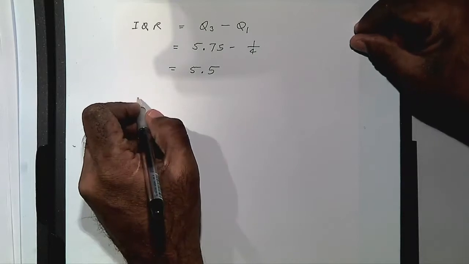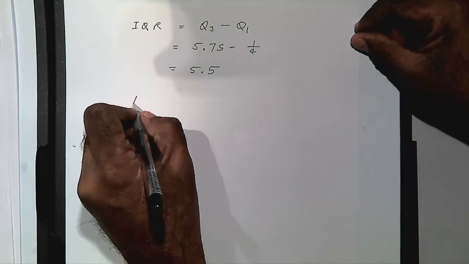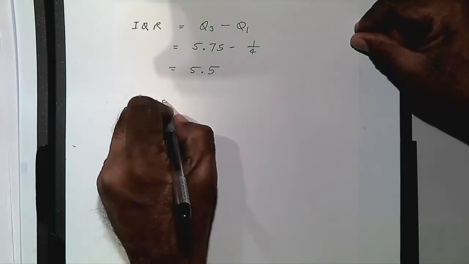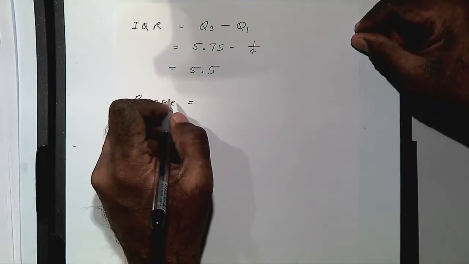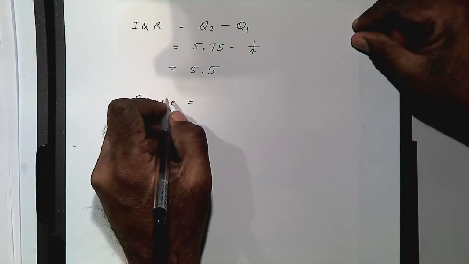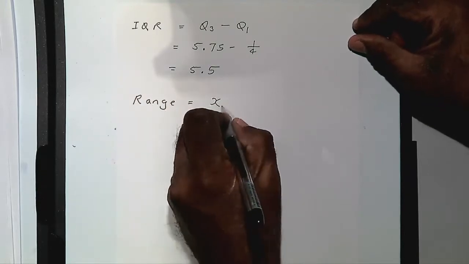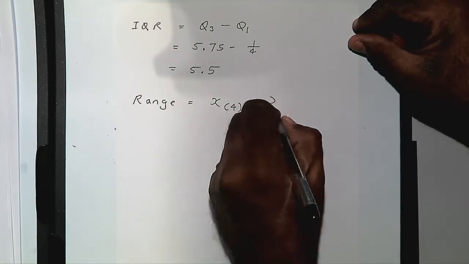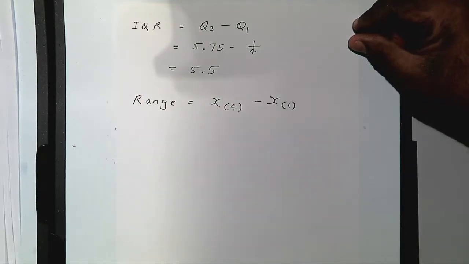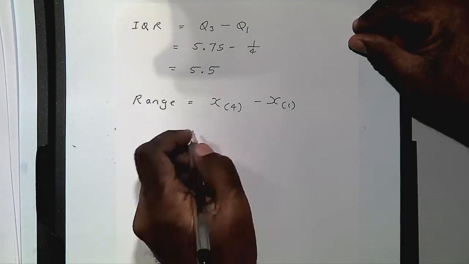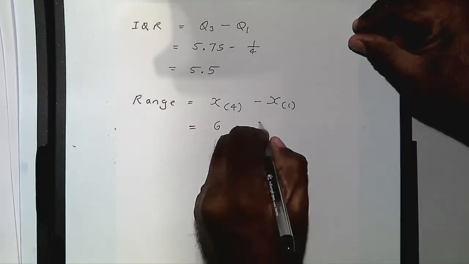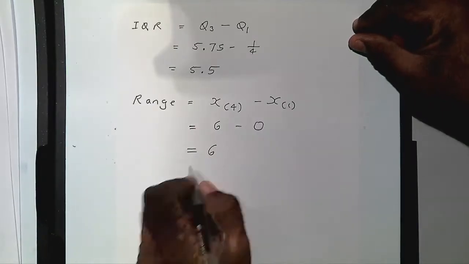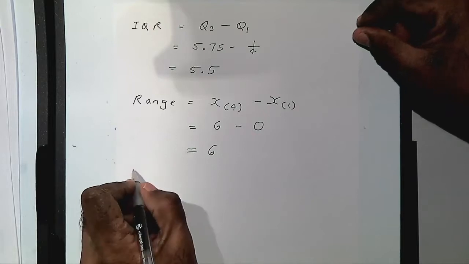You guys okay? The next one is the range. The range is the difference between the largest and the smallest observations. So it is x sub 4 minus x sub 1, which is 6 minus 0, which is 6, right?